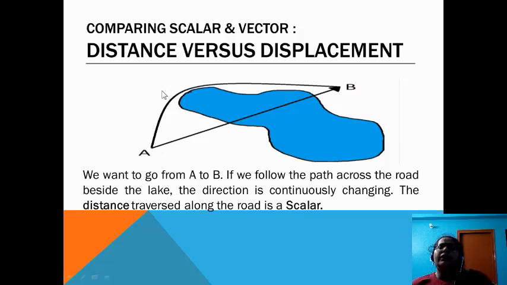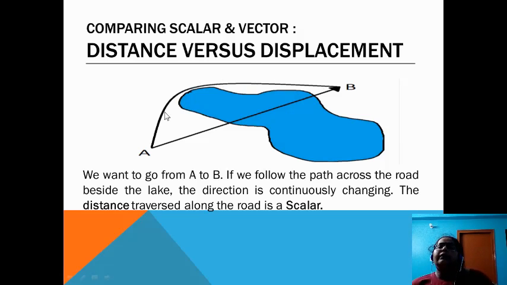So we can measure the distance covered along this path. Maybe say it is 10 kilometers. I have to walk 10 kilometers if I want to reach the point B from A along this path. But see, it's just the distance, this 10, the number is there. It's not possible to associate a specific direction, because actually at each point the direction is changing.